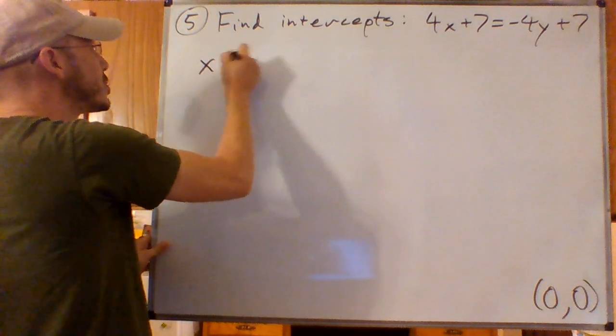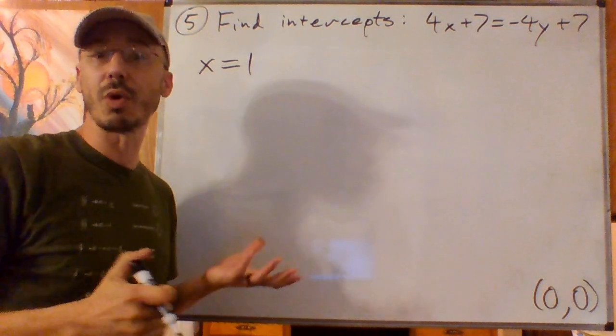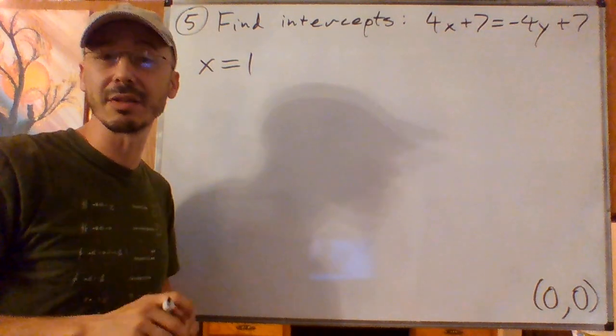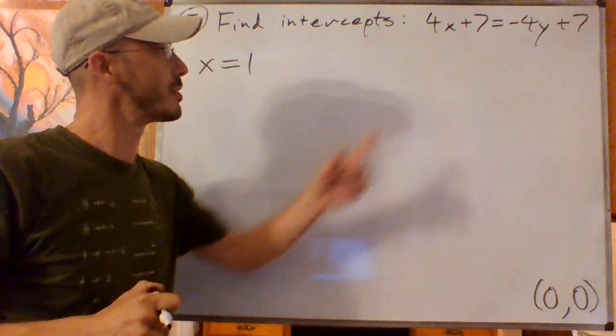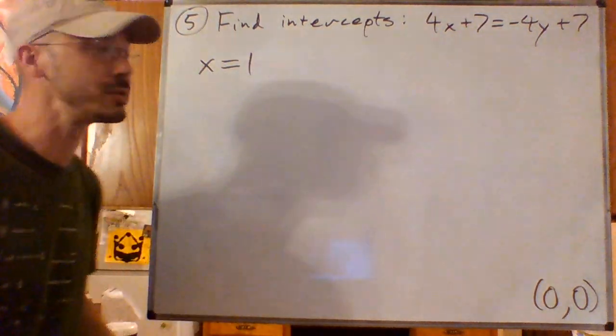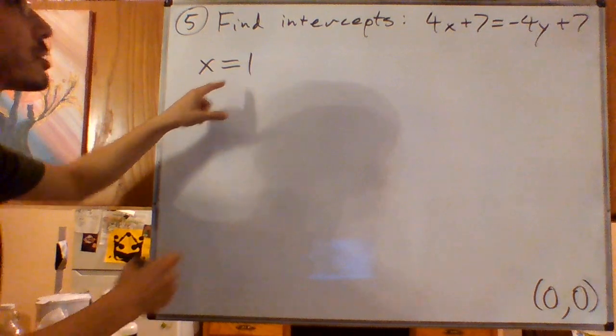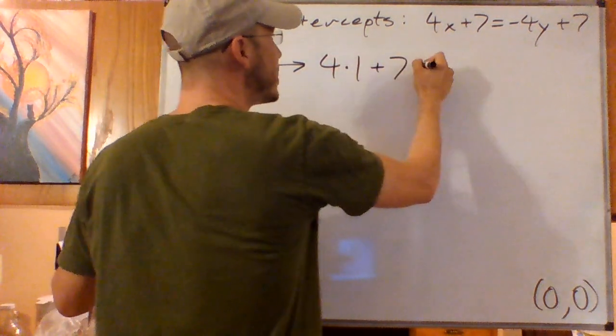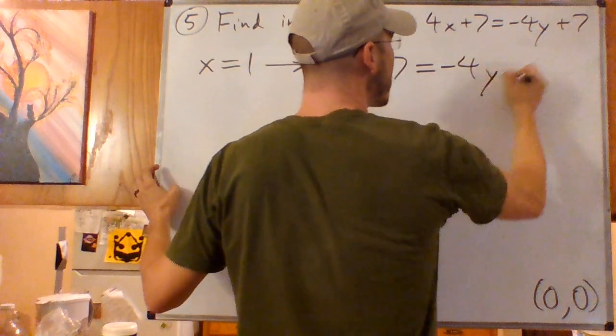So I'm just going to choose x equals 1 because it's easy to work with. There's some situations where you might want to pick a different x value. If, for example, you have fractional coefficients, if you pick the denominator, it'll cancel. But in this case, x equals 1 means that 4 times 1 plus 7 equals negative 4y plus 7.